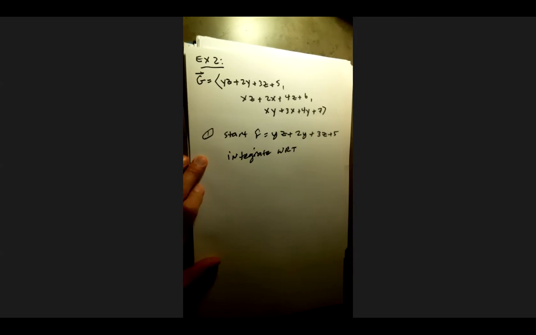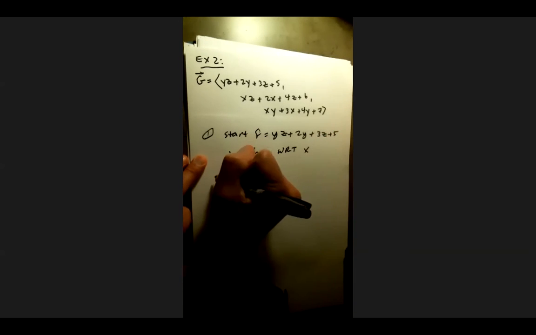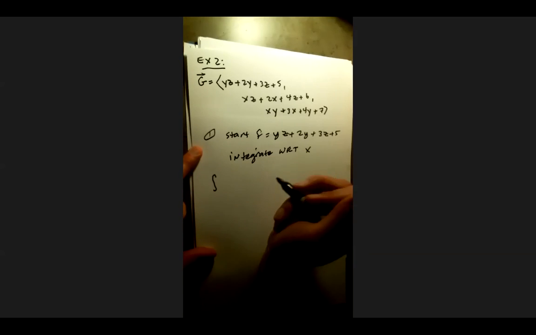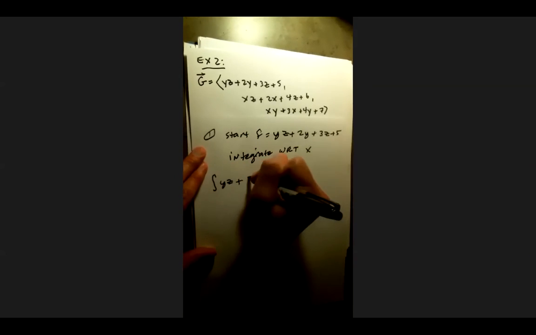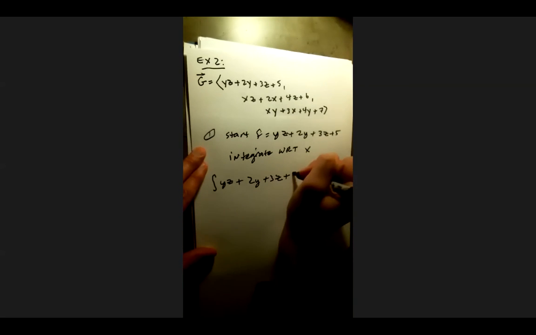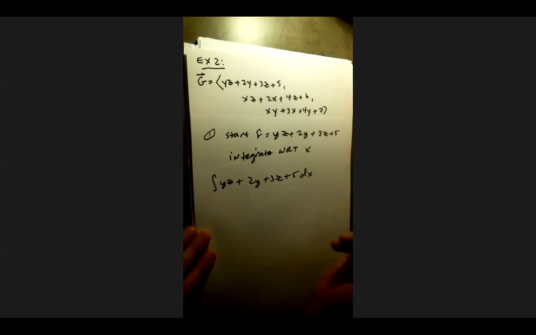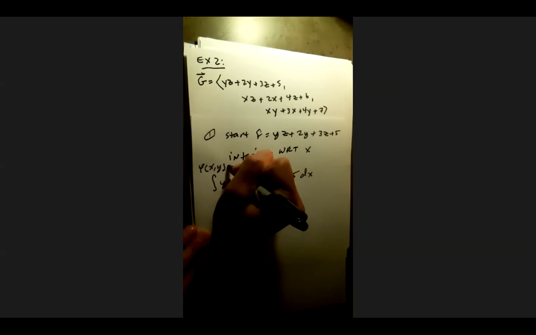With respect to x. So yz plus 2y and all this stuff is going to be equal to phi of xy.